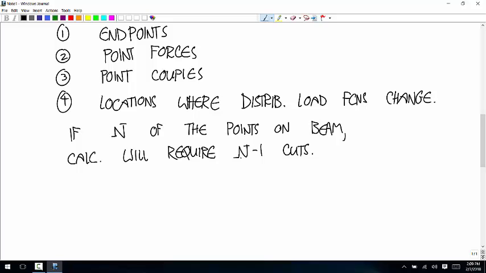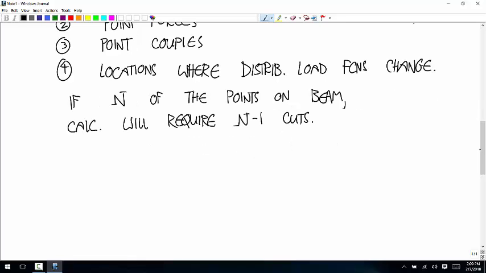Okay, so let's do an example where we have different functions that make up a piecewise function.